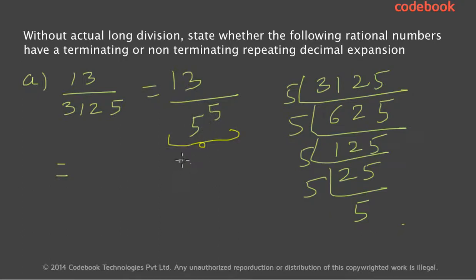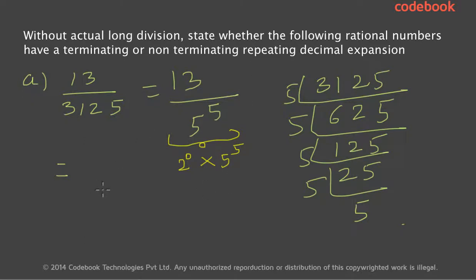You can observe the denominator is in the form of 2 power 0 times 5 power 5, which is in the form of 2 power m times 5 power n. So we can say, based on our theorem, that this rational number has a terminating decimal expansion.